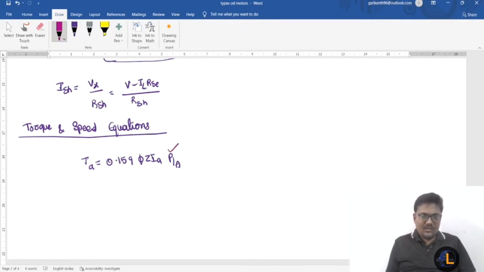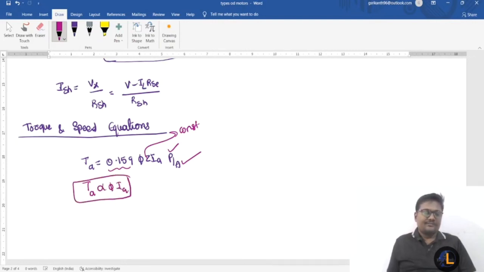So once design is over, number of poles is constant, number of parallel paths is constant, number of conductors is also constant, 0.159 is also constant. Then the armature torque is directly proportional to flux into IA, where flux is directly proportional to field current.